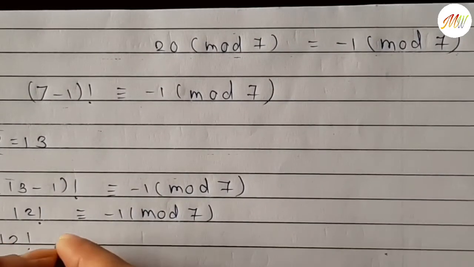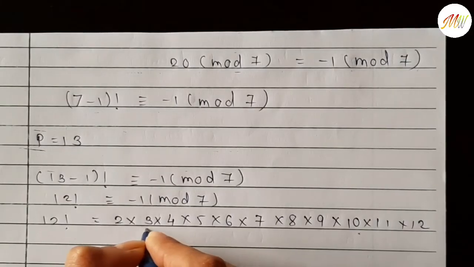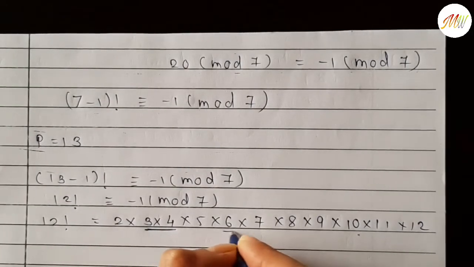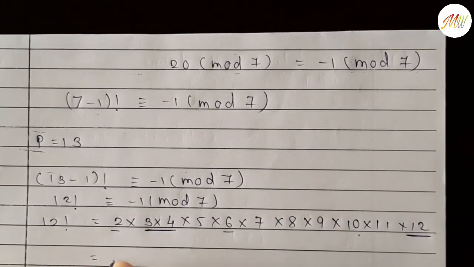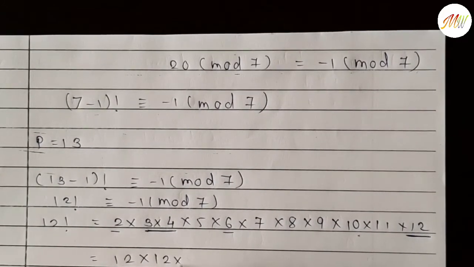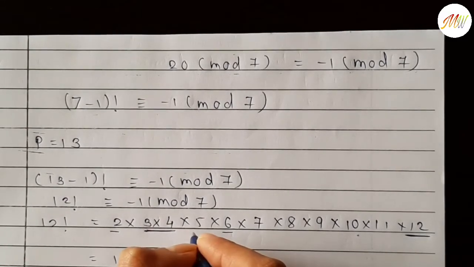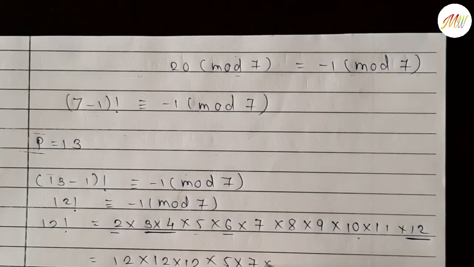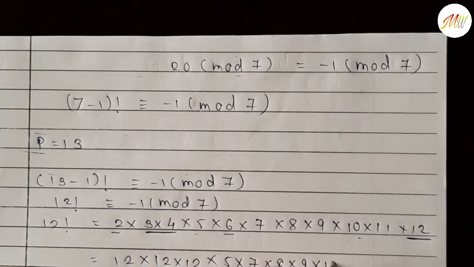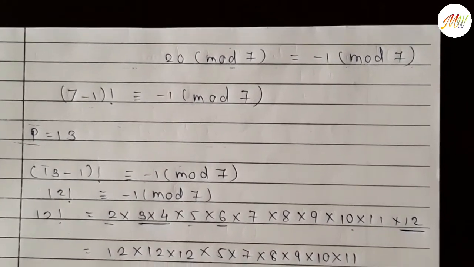Now we write 12 factorial is, now you see 4 3s are 12, 6 2s are 12 and this 12. So we write 12 into 12 into 12. Now we write the remaining terms, that is 5, 7, 8, 9, 10 and 11.